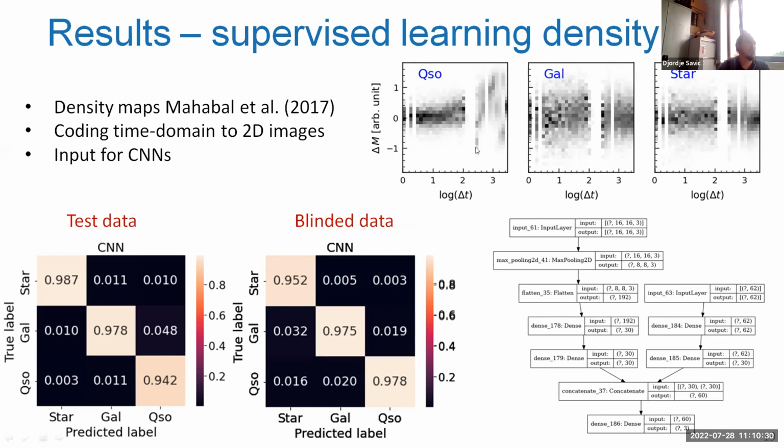And we obtain images like this. For example, galaxies and stars look more or less similar, but quasars show different images. And we use those to train convolutional neural networks.